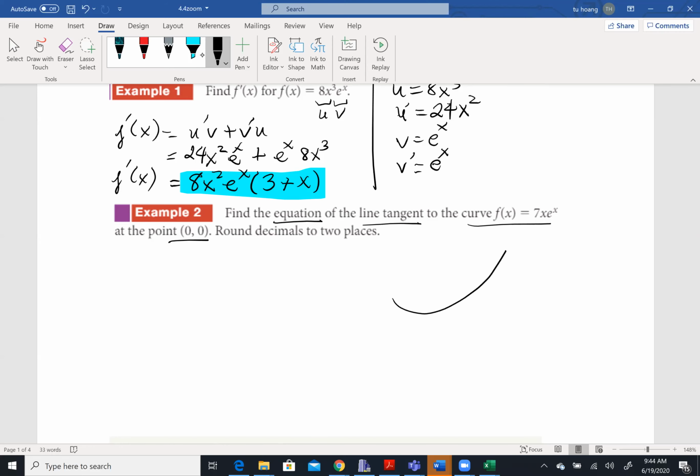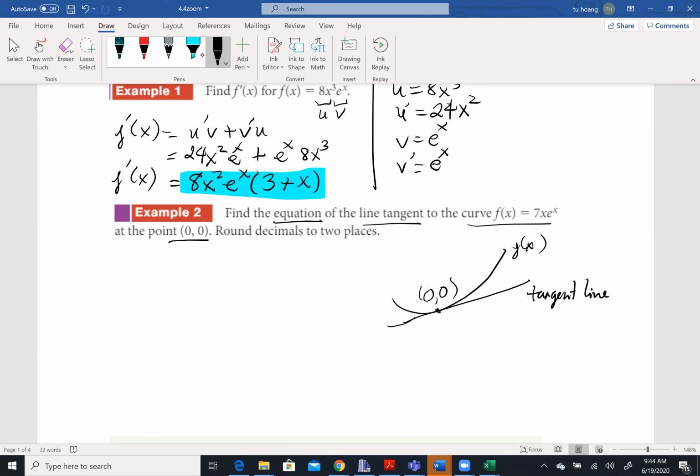So assume this is curve f(x), and this is the point 0, 0. The tangent line will go through this point and touch the curve at 0, 0. So this is a tangent line. You need to find the equation of the tangent line.